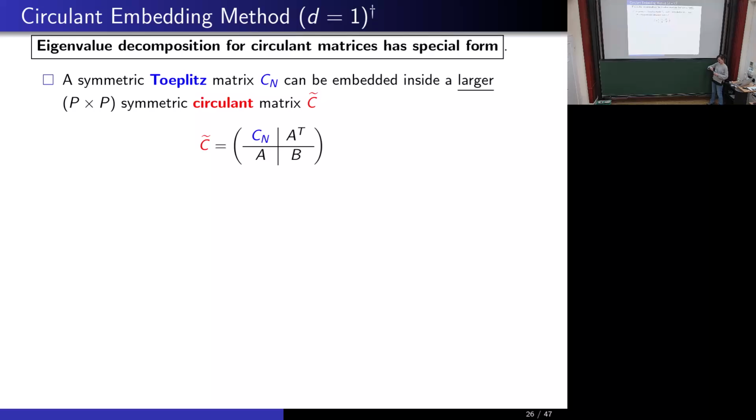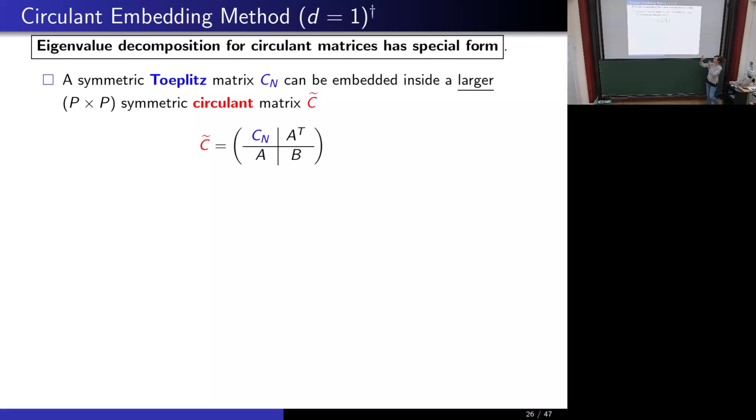I just want to convey the main point: if you have more structure and can exploit it, then you can do better than the naive methods that people often use. There are two key things you need to know. If you have a Toeplitz matrix, starting in 1D, you can turn it into a circulant matrix by adding rows and columns to it.